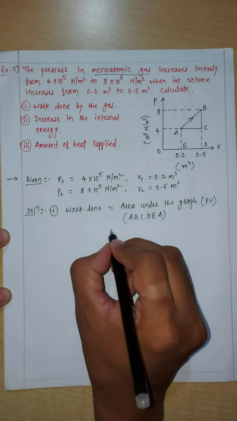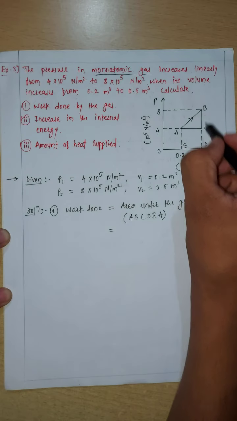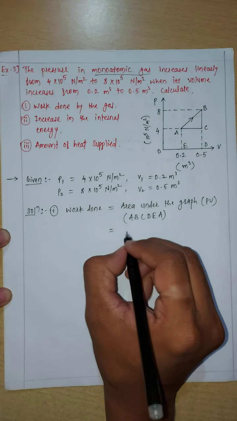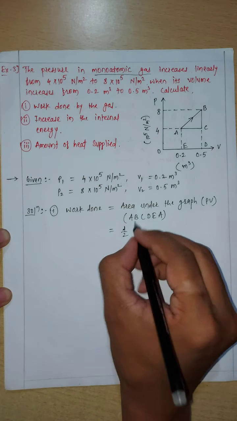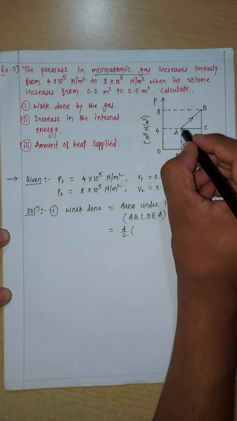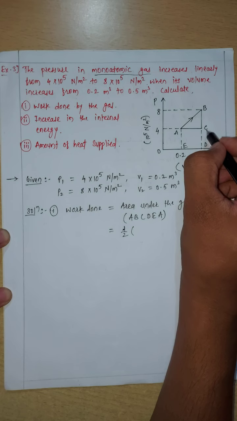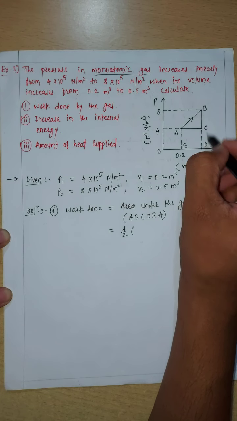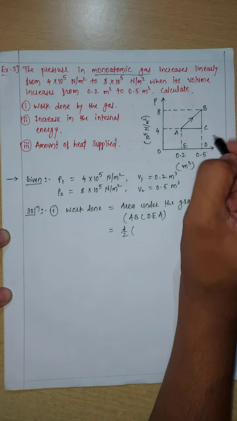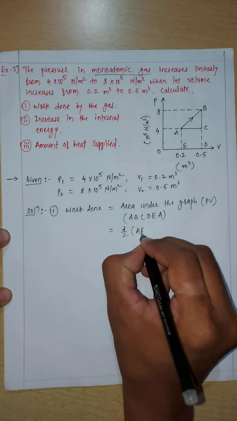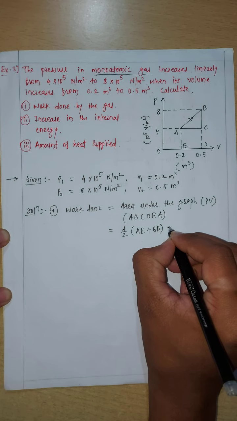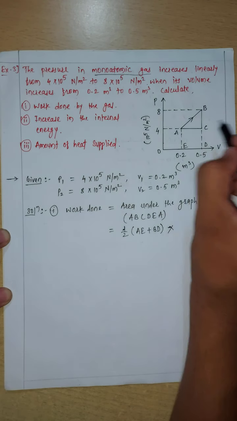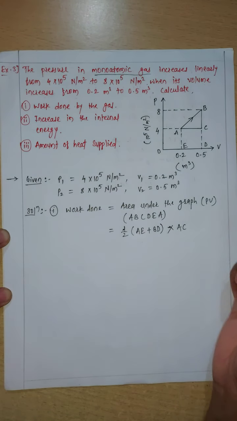How can we calculate the area of this particular trapezoid? First of all, we take half of AE plus BD, multiplied by AC.